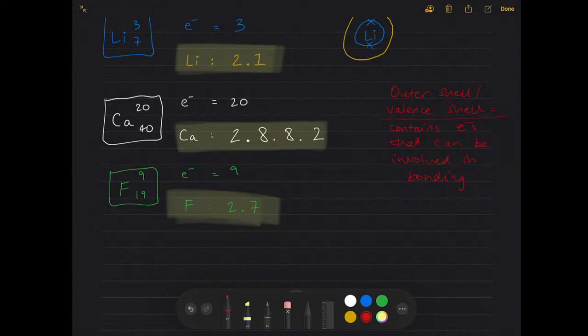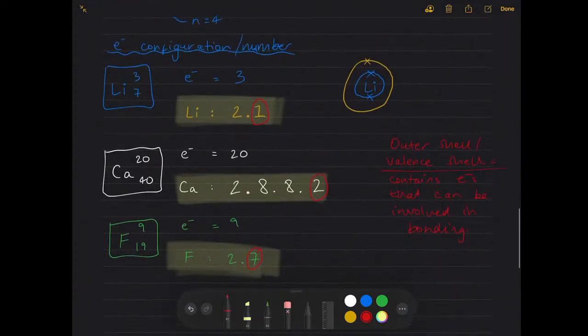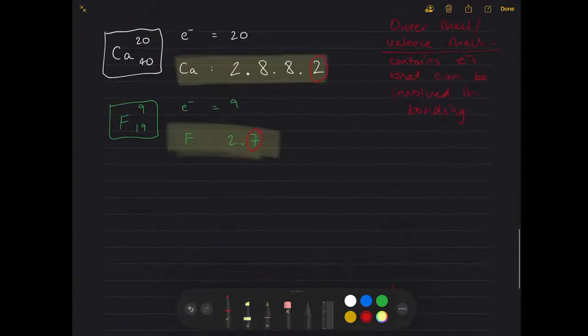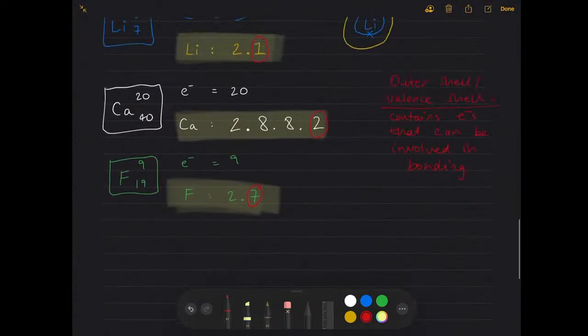So really important here, it's only the electrons on the outside which would be involved in bonding. So lithium only has 1 valence electron, calcium has 2, and fluorine has 7. More about that in another lesson about bonding, but for now, that's all we need to know.